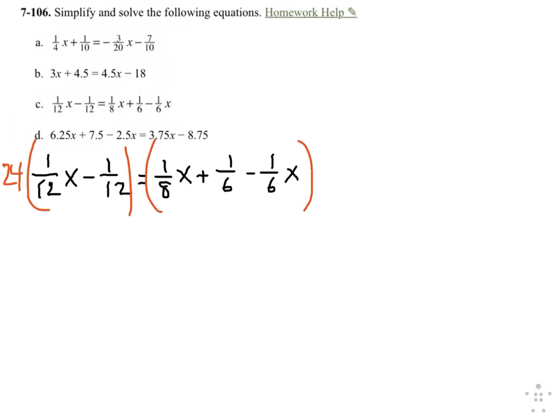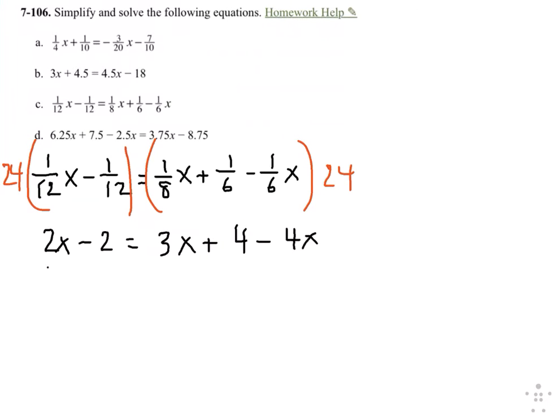Times 24 eliminates our fractions. So 24 times the left side is 2x minus 2 equals, the right side is 3x plus 4 minus 4x.